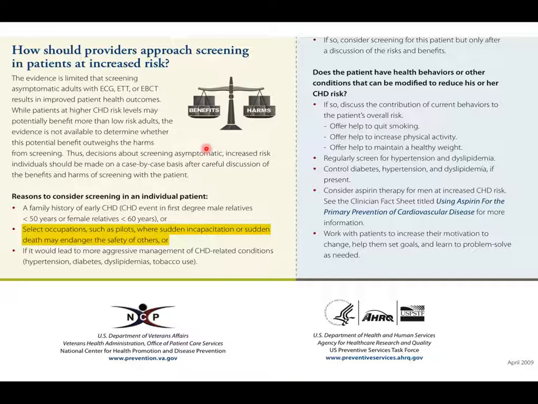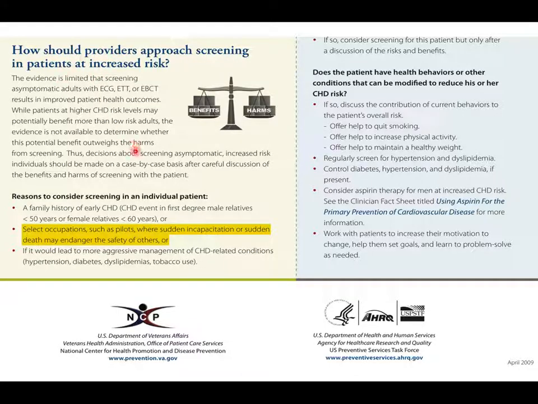So the question now is, for an individual, if you've got these imaging techniques, and one of them, like CT, is a non-invasive imaging technique, super low risk, should you screen people to determine if they should go on a statin or whether or not they have significant disease? And should you screen people at all for heart disease?